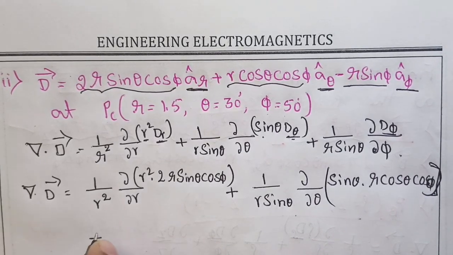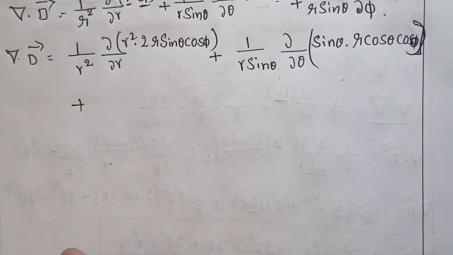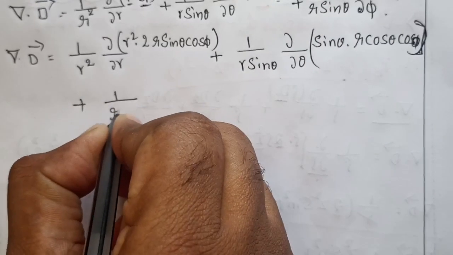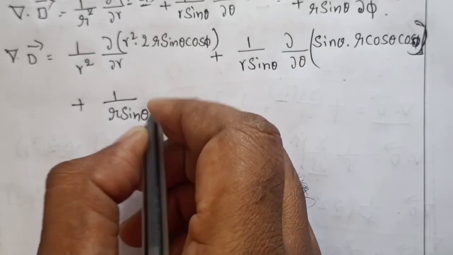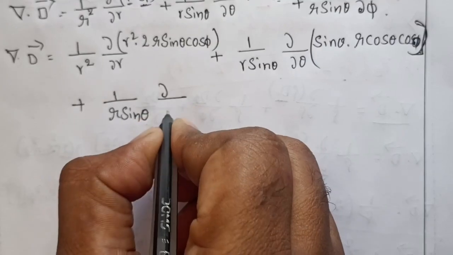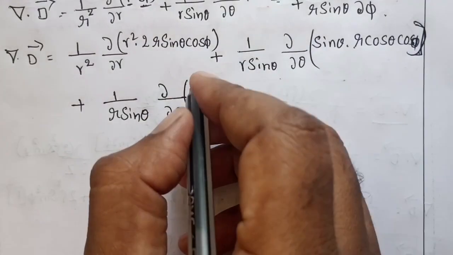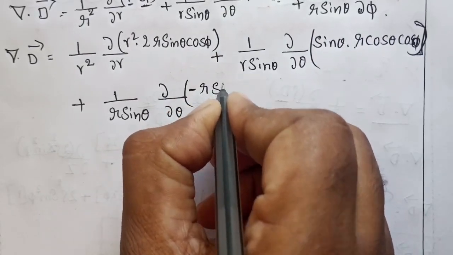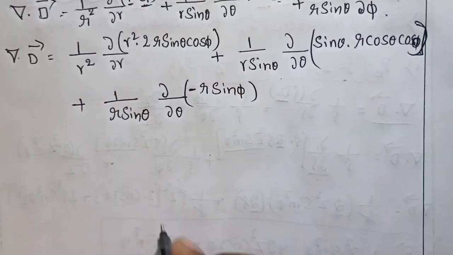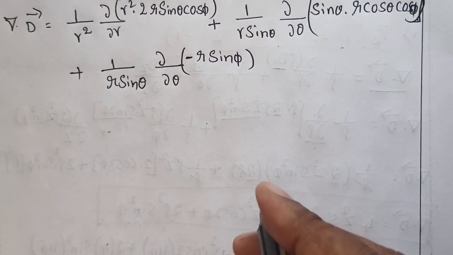Now the third term, I'll write down the third term, that is 1 by r sin theta, as it is, dou by dou phi of D_phi. What is D_phi? It is minus r into sin phi. So all the three terms are represented. Now I am going to derive it.